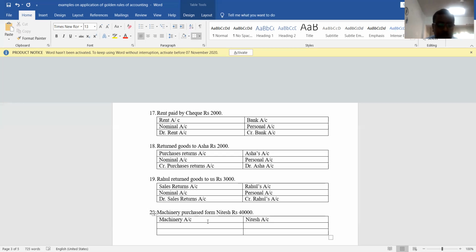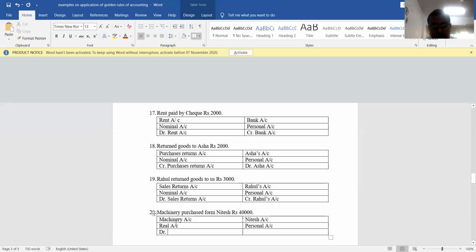Okay. So let's see. Machinery is which account? Machinery is a real account because it is an asset. Nitesh is which account? Nitesh is a personal account because Nitesh is a human being, a natural person. Now, which account should be debited and which account should be credited? Since it is a real account, what is the rule of real account?